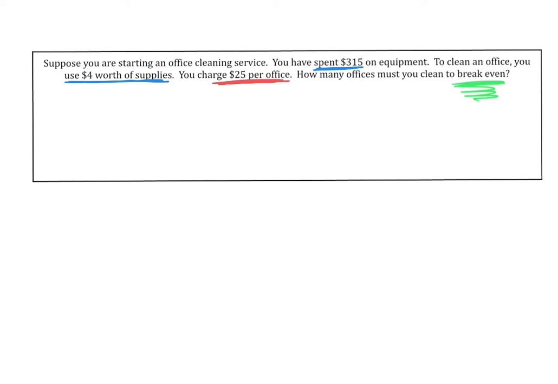So your break even point is when the amount that you spend is equal to the amount that you make. So we're going to write two equations. The amount that we spend, y equals, you're spending $4 per cleaning, plus you had to spend $315 on equipment.